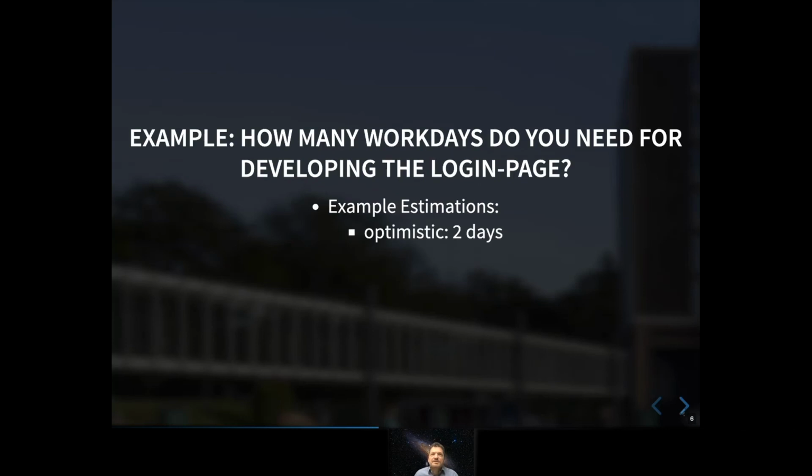Let's say it takes 2 days. Everything is fine, no problems, perfect performance. Optimistically, nothing goes wrong, no bugs, nothing, 2 days. Then you have a look at another value, a pessimistic estimation. You really say something is going wrong, some bugs occur, some issues to solve.